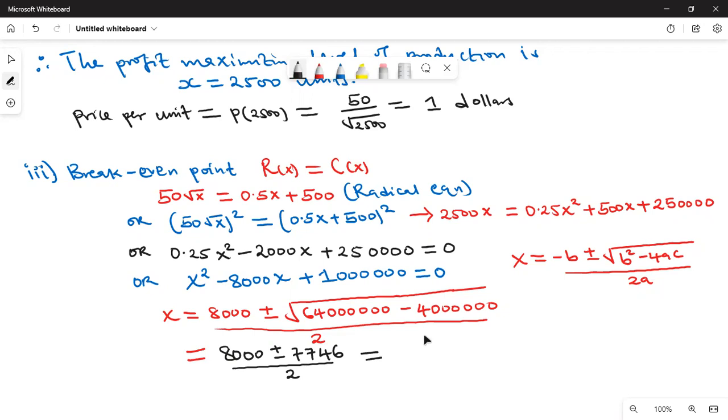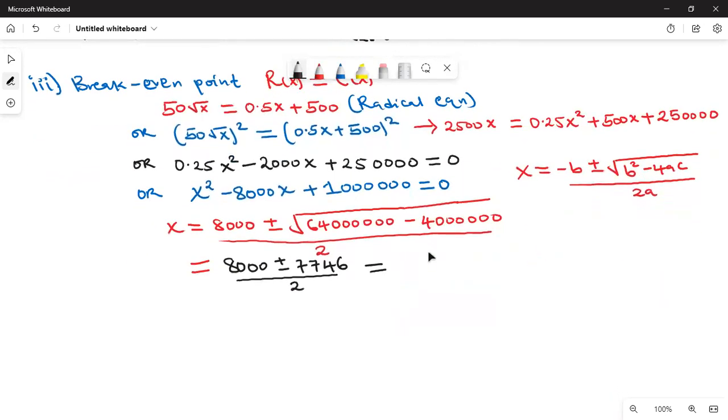What are we going to get? From what we have found here, we can just say therefore x is equal to, just press in your calculator, 8,000 plus 7746, then you divide by 2. That will give you 7873.